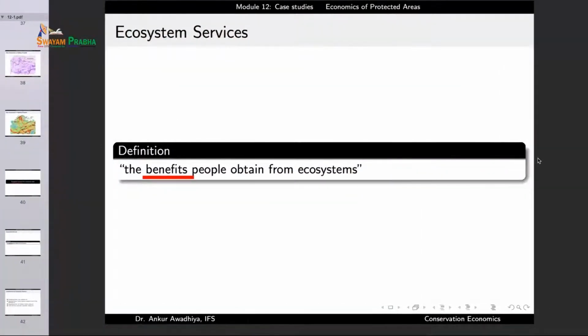So it is very important to convince the politicians, the policymakers, that if you do good conservation, you are going to provide benefit to the people of your state or your country. So this is why a study of ecosystem services becomes very important.